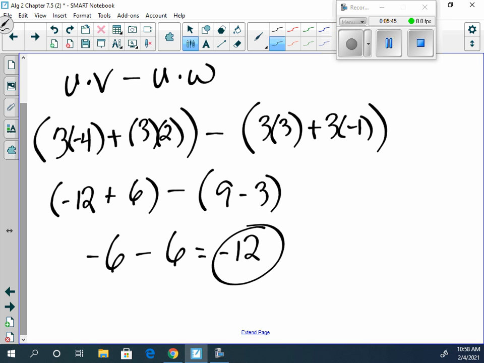All right, top of the next page. Find the angle between 2 vectors. So the angle between 2 vectors, this is going back to dot product.